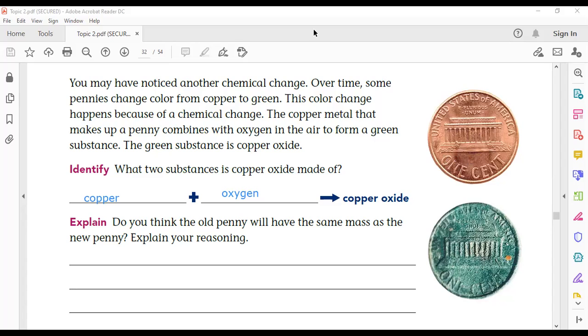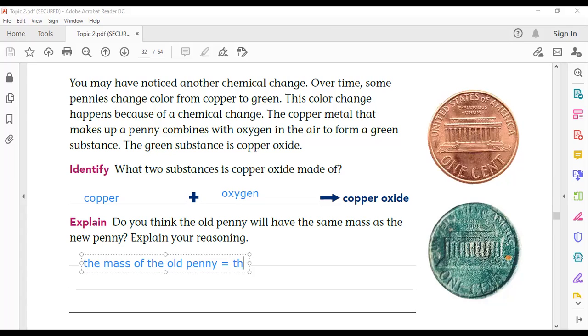Wait. Don't write anything. I will send you the answer. But just the mass of the old penny will equal what?